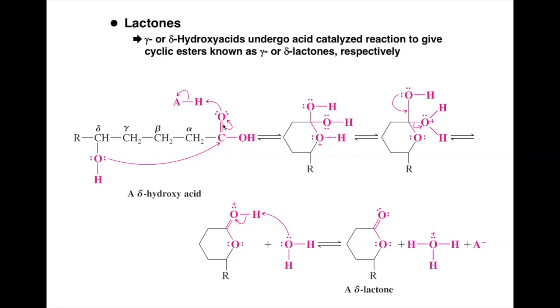So again, the first step will be protonation of this oxygen, making this carbon more electrophilic. Then you have your nucleophilic attack, forming your six-membered cyclic structure. And then this proton will be transferred to this oxygen because this is a base, you have an acid.